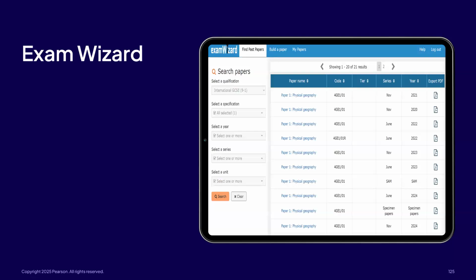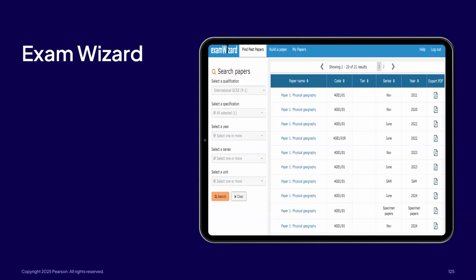The other thing I mentioned earlier, of course, is Exam Wizard. Now, Exam Wizard is a tool that you may well find useful in producing exercises and past papers for your students, which they can use for study or you can use for classroom tests.